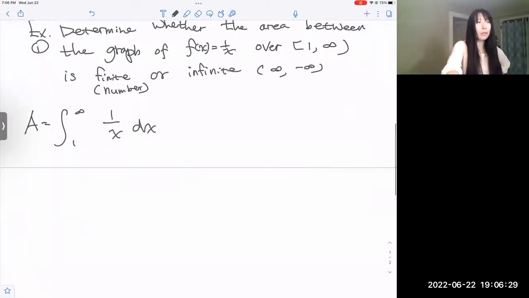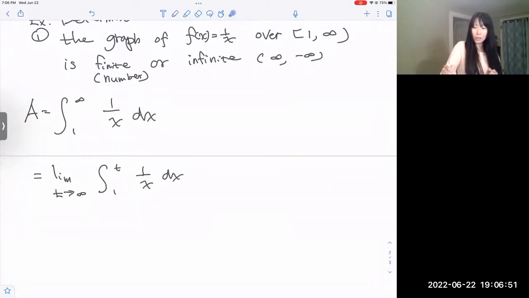Now, infinity is not good, right? So we're going to change it to t, and then we take the limit. So the limit as t approaches positive infinity of the integral from 1 to t of 1 over x dx.